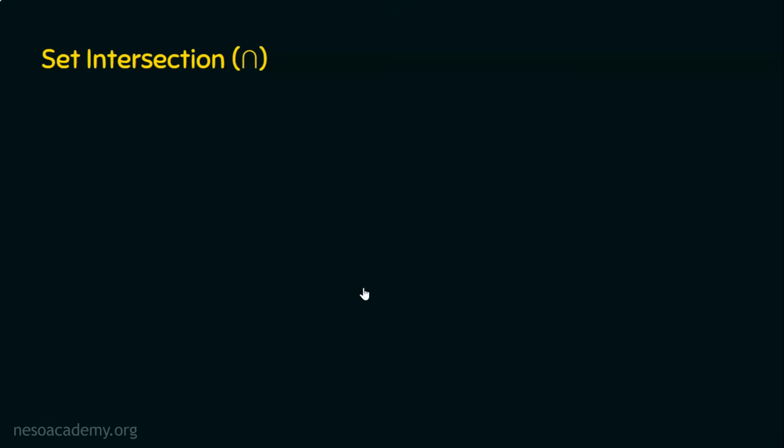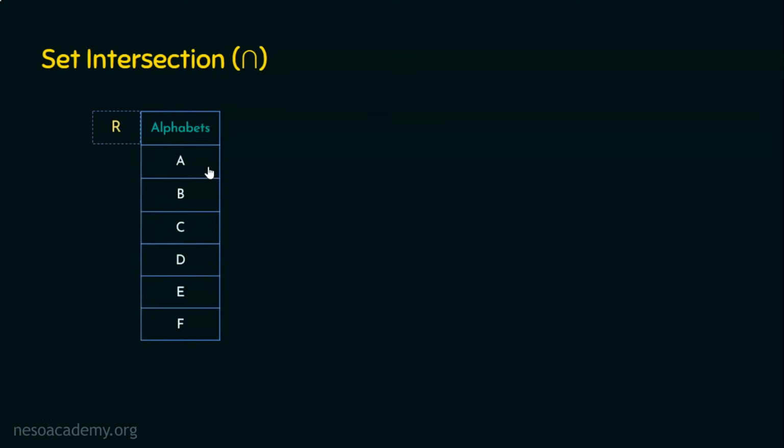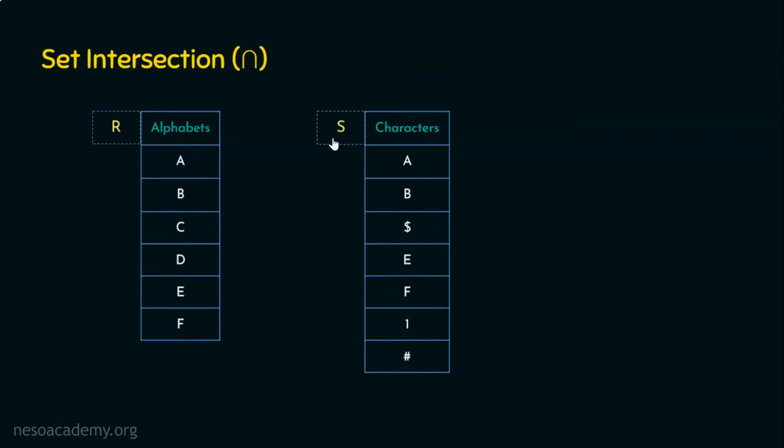To understand things, I am bringing in the first set or the first relation R, which contains the alphabets A, B, C, D, E and F. So this is input number 1. And let's take another input, which is S, where it contains a group of characters A, B, $, E, F, 1 and the hash symbol.